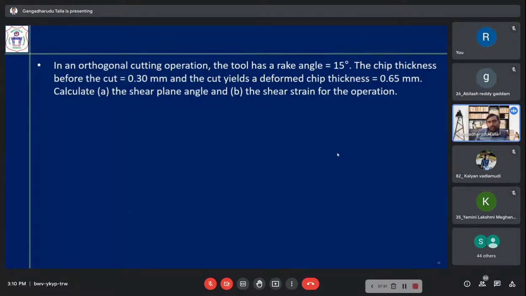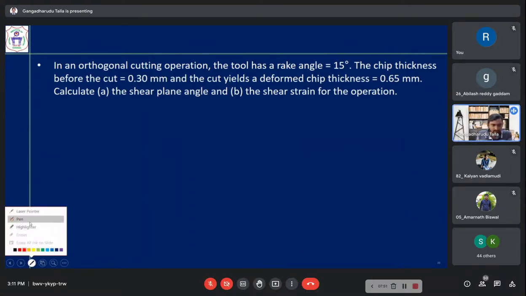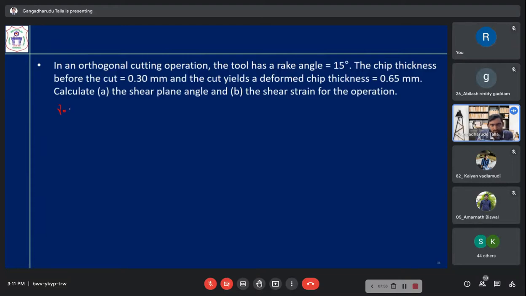In an orthogonal cutting operation, the tool has a rake angle equal to 15 degrees. What is the symbol we are using? Gamma. So try to note down the given data in the known notations. So gamma is equal to 15 degrees. If we strictly talk about this, we can write gamma o also, but both are the same. We are talking about the orthogonal process. Gamma is 15 degrees.